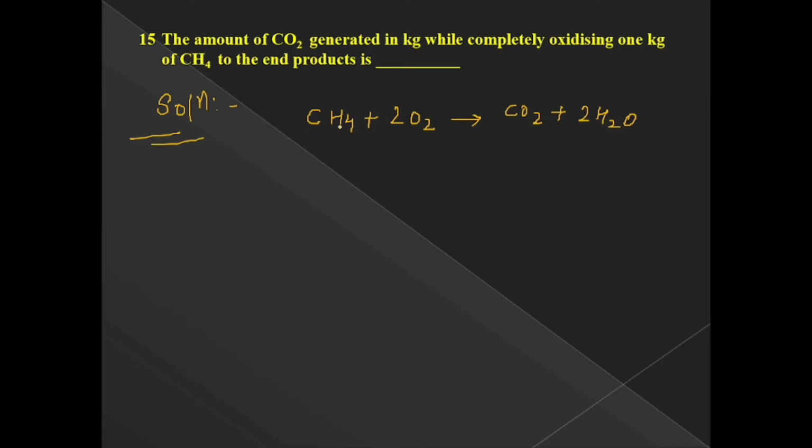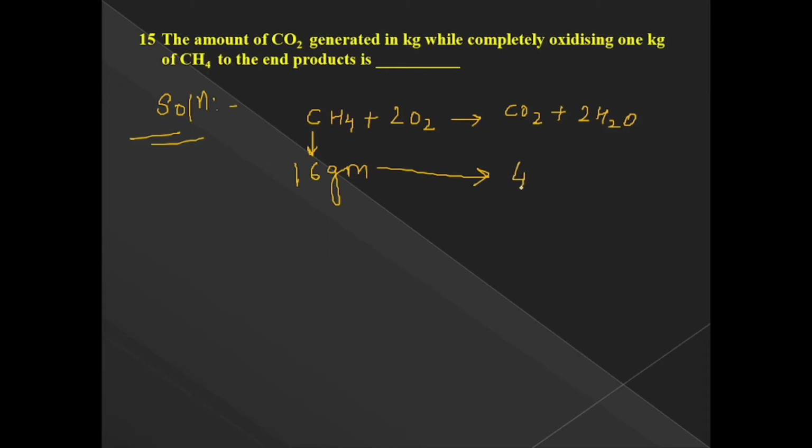Now CH4, that is carbon plus hydrogen. 16 gram of methane, when completely oxidized, leads to 44 gram of carbon dioxide, because carbon has atomic mass 12 and oxygen has 16. So carbon dioxide is 12 plus 16 into 2, that is 44 gram.